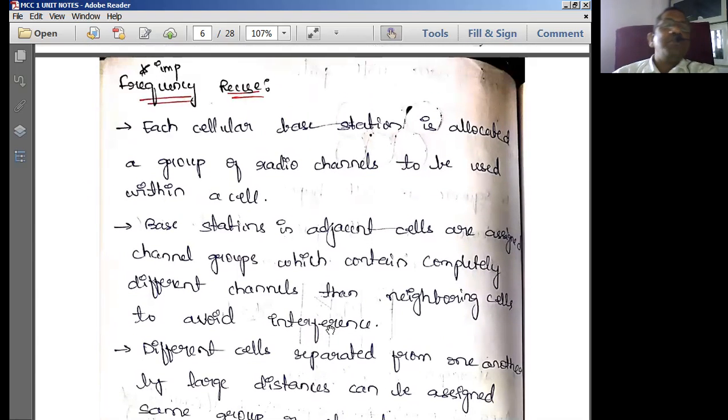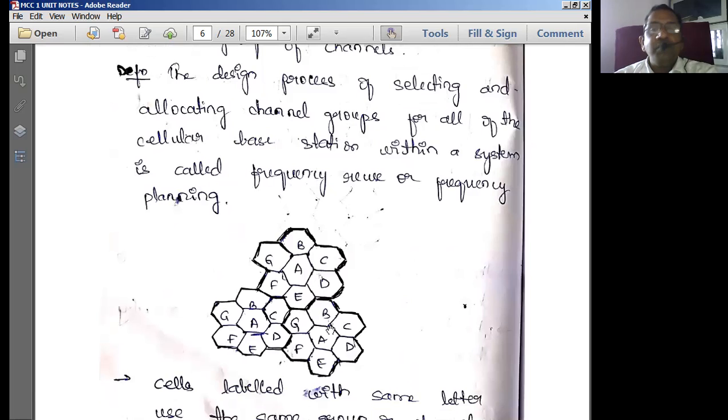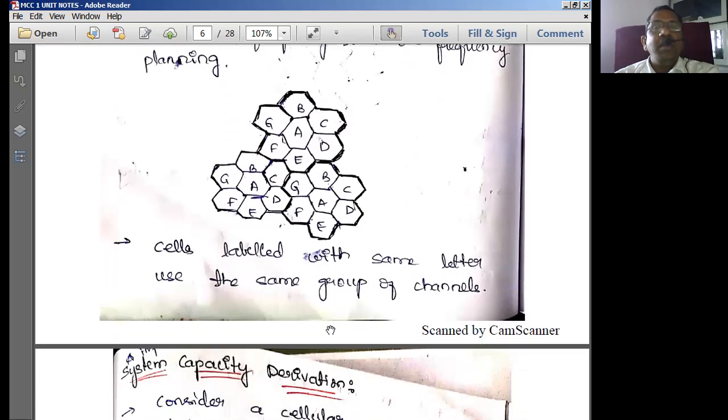The next most important concept we discuss here is frequency reuse. Frequency reuse is a very important concept for cellular mobile communications. Why is it so important? The reason is, what is one of the major drawbacks of wireless communications? The major drawback is the availability of bandwidth. All wireless communications have scarce resources in terms of bandwidth, memory, and speed.